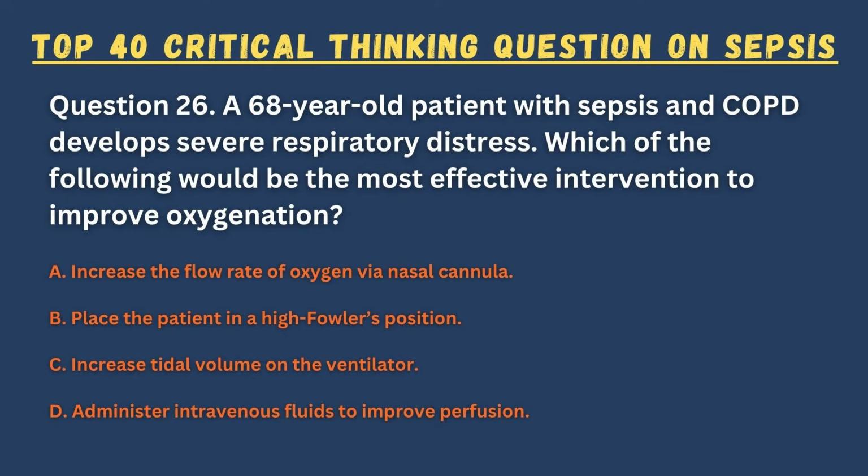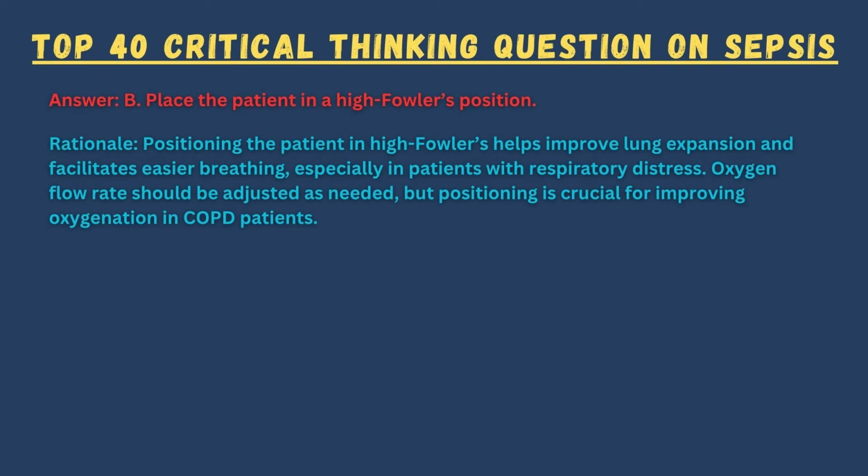D. Administer intravenous fluids to improve perfusion. Answer: B. Place the patient in a high Fowler's position. Rationale: positioning the patient in high Fowler's helps improve lung expansion and facilitates easier breathing, especially in patients with respiratory distress. Oxygen flow rate should be adjusted as needed, but positioning is crucial for improving oxygenation in COPD patients.